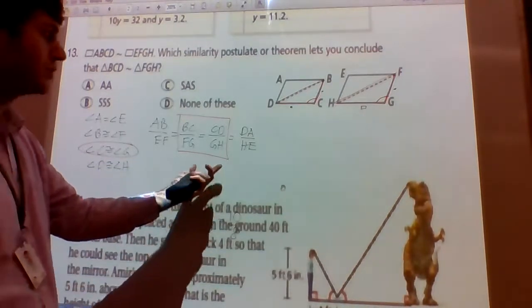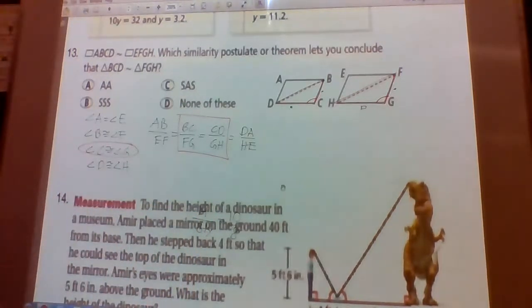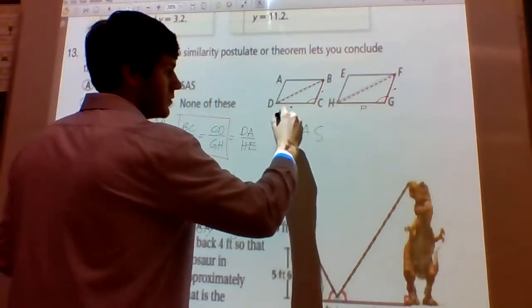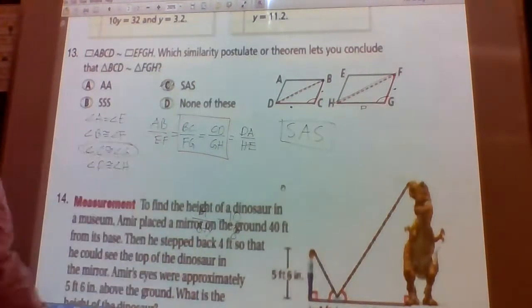So since those ratios are equal, and angle C is congruent to angle G, we have side, angle, side. So are they similar? Yes, by side, angle, side.